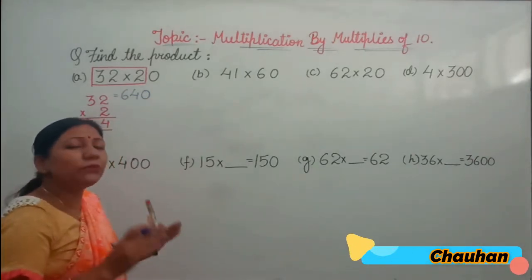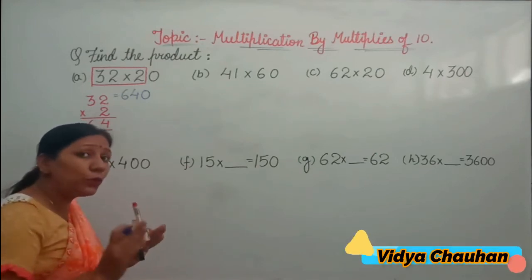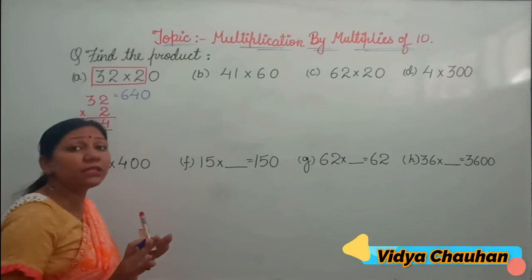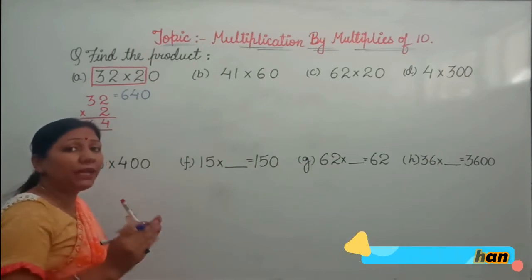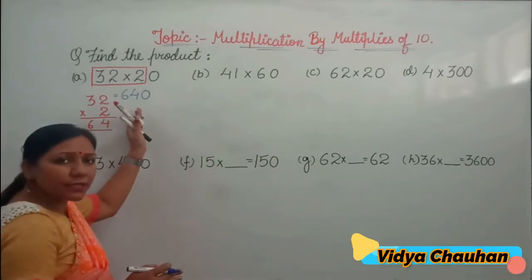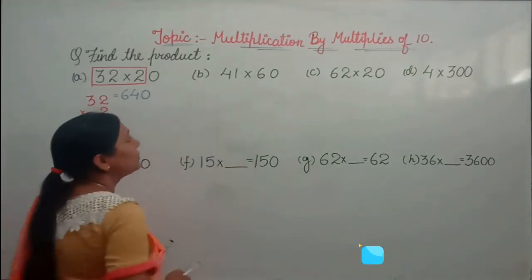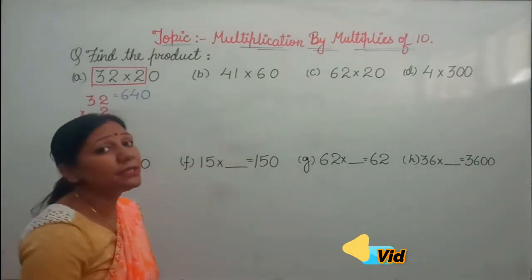This is the concept which we use to multiply any 2-digit, 3-digit, or 4-digit number when it is multiplied by 10, 100 or 1000 or multiples of 10, and this is your final answer. In the second part, you have to multiply 41 with 16.